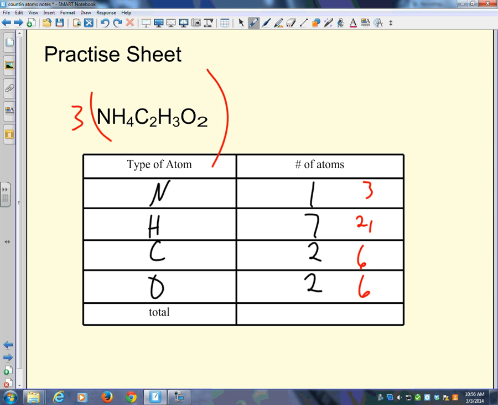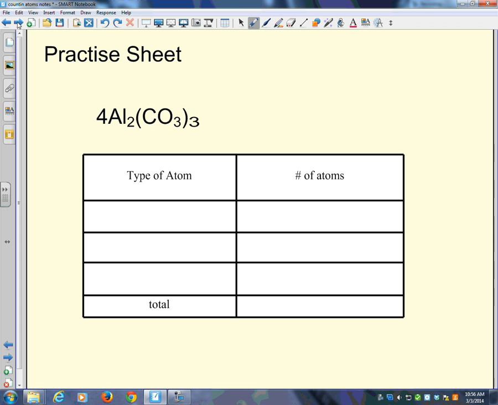Okay? Is this the last one? No. Okay, 4Al2(CO3)3. We got Al's, we got C's, and we got O's. How do you know it's a C and an O and not capitals, right? Watch out for that. Okay, how many Al's altogether? 8. I got 4 Al2s, which is 8.